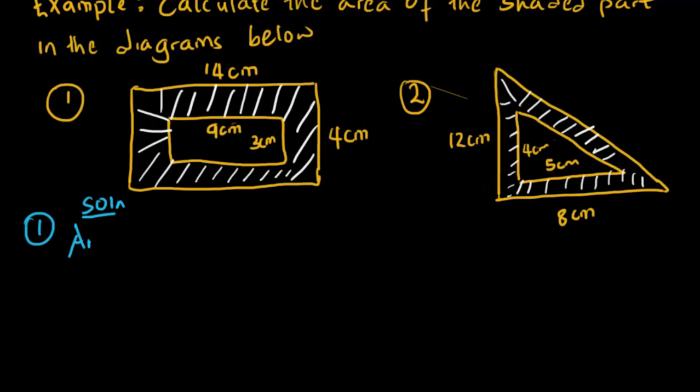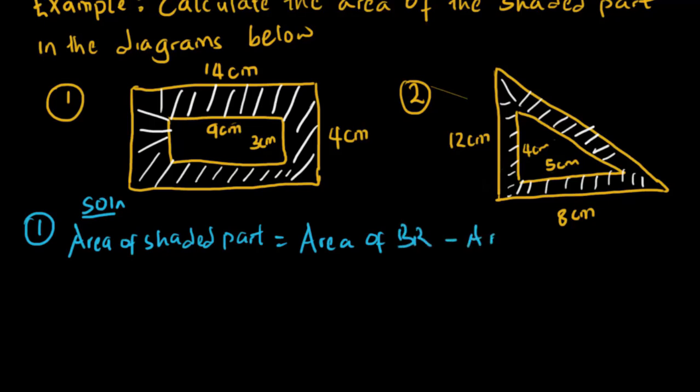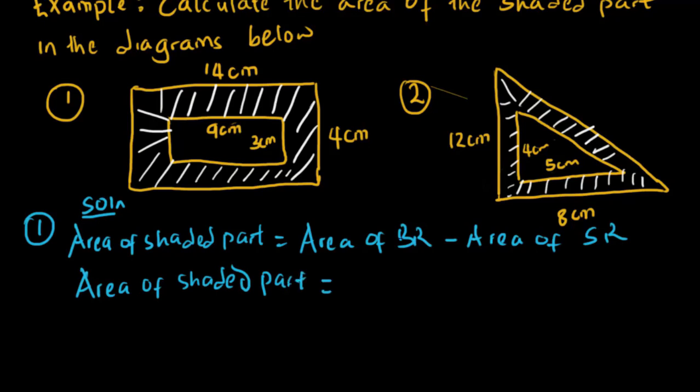Now remember, to find the area of the shaded part, we can write area of shaded part equals area of big rectangle, which I want to represent as BR, minus area of small rectangle, SR. Does this make sense? So we have area of shaded part equals area of big rectangle, which is length times breadth.